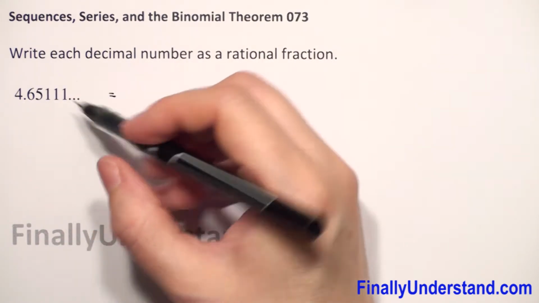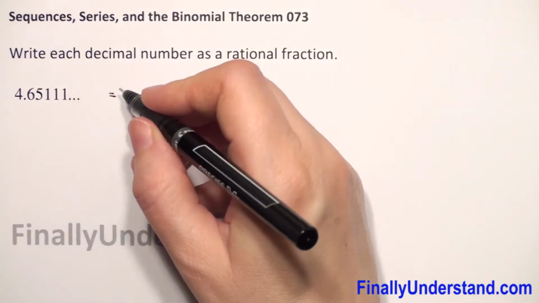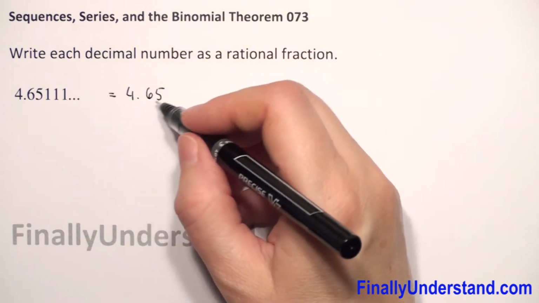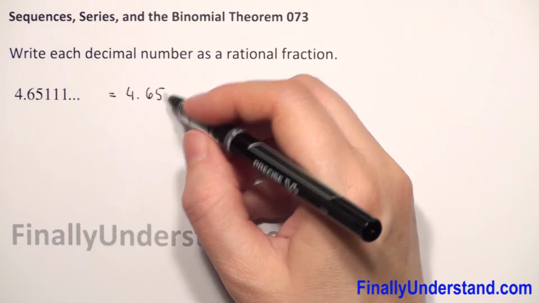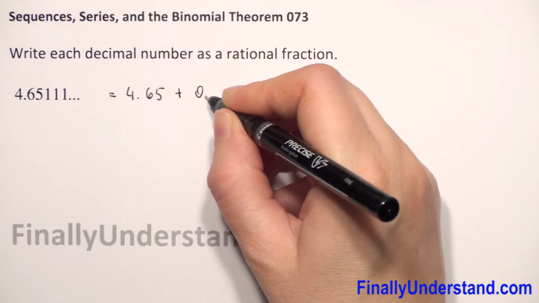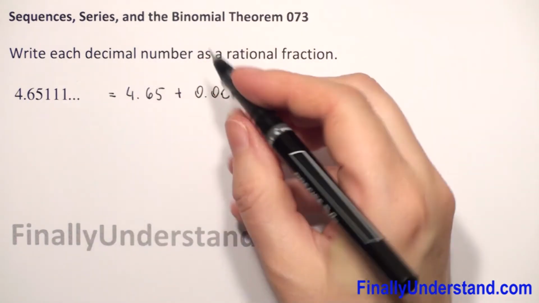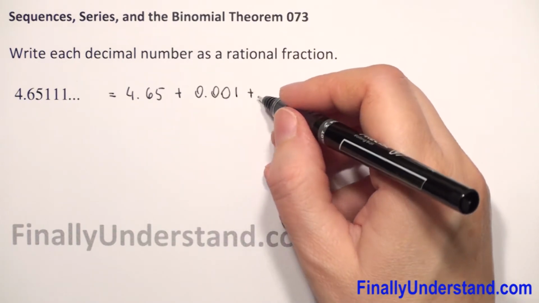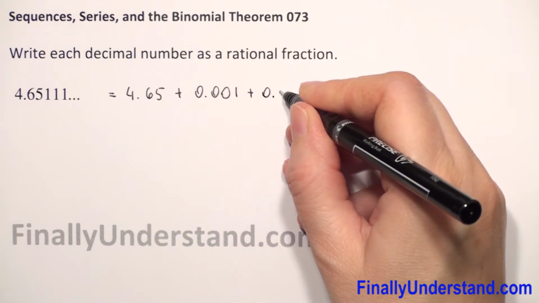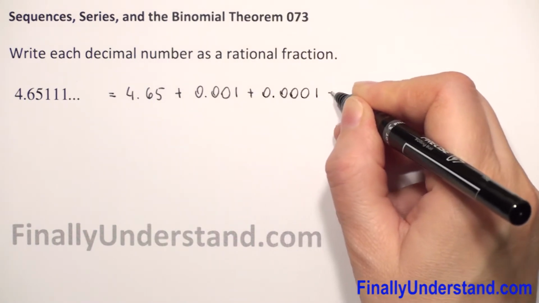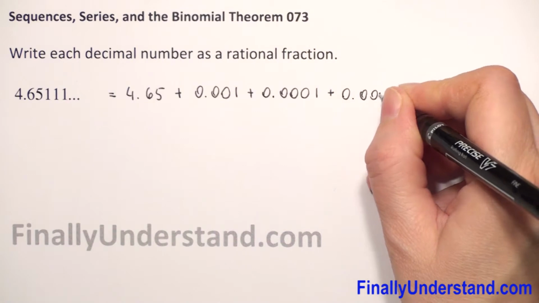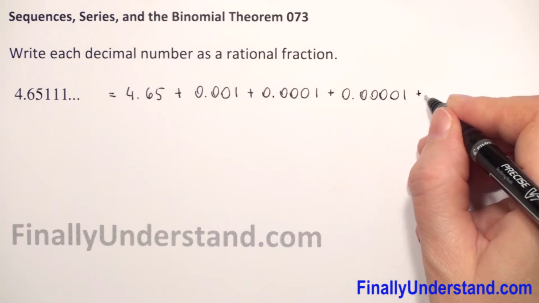copy the beginning, the digits which don't repeat. So this is 4 decimal point 65, and we can rewrite that as 4.65 plus, next, 0 decimal point 001 is our 1, plus the second one, 0 decimal point 0001, plus the third one, 0 decimal point 00001, and so on.